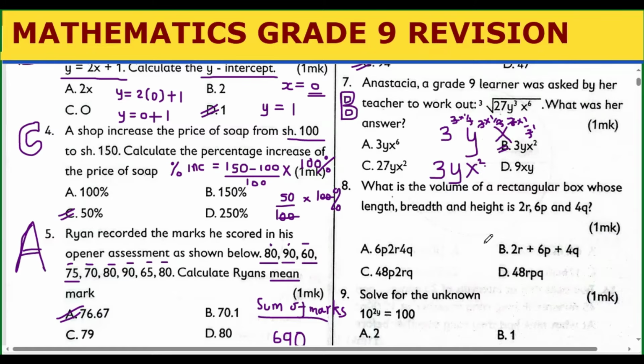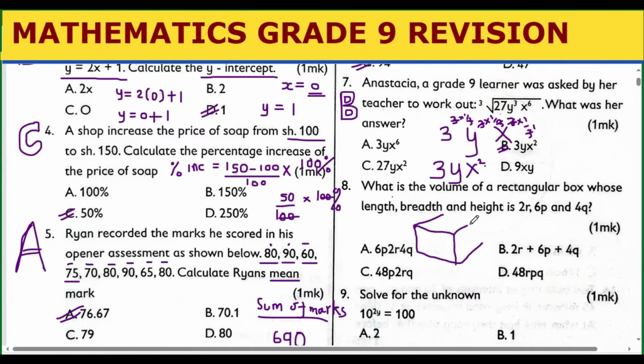Let's go to number 8. What is the volume of a rectangular box whose length, breadth, and height are 2R, 6P, and 4Q? Let me sketch it for you. Some people do not understand unless you draw. By the way, drawing is good; when you draw you understand. Do you understand what volume is?